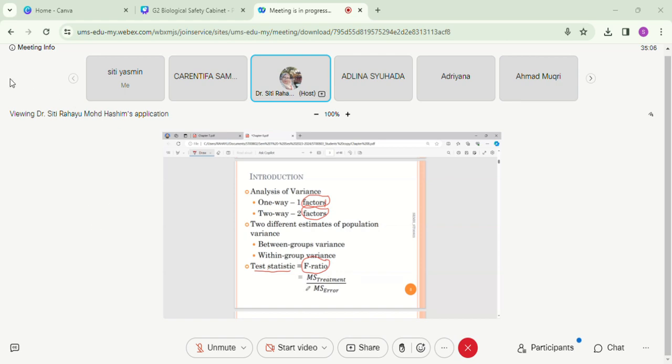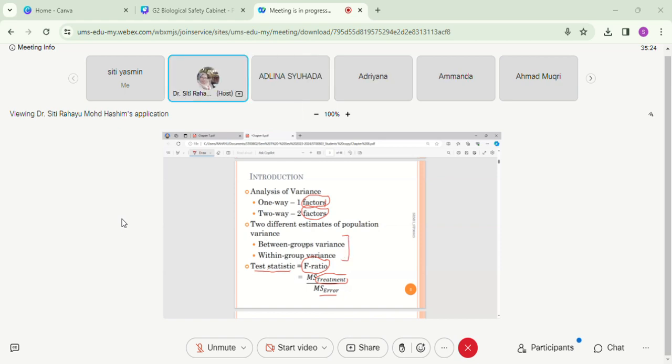And this is how to get the F ratio: the mean square of the variability for the treatment divided by the mean square of error. All these two came from this one. You need to measure the between groups variance and within group variance to get your F ratio. I will show you the formula later.